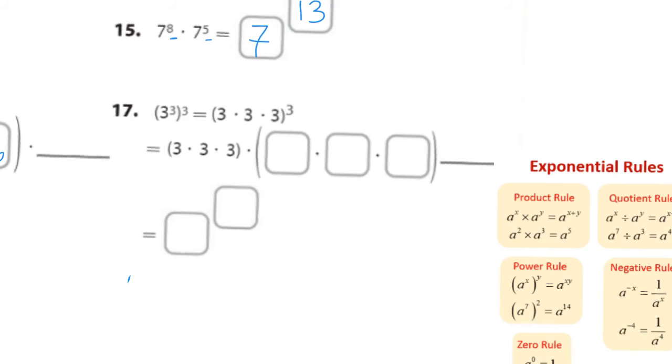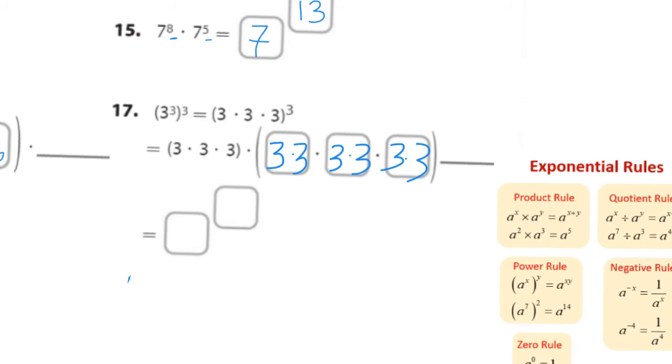So what you're going to end up doing is you're going to have 3 times 3 times 3 times 3 times 3 times 3. And that's going to give you 1, 2, 3, 4, 5, 6, 7, 8, 9 spaces here.